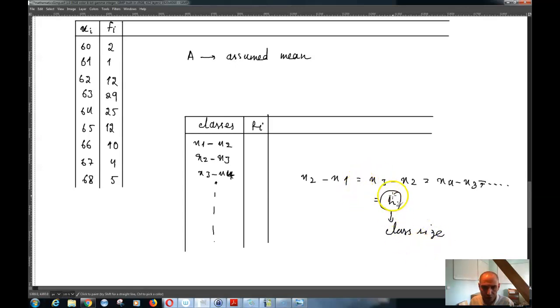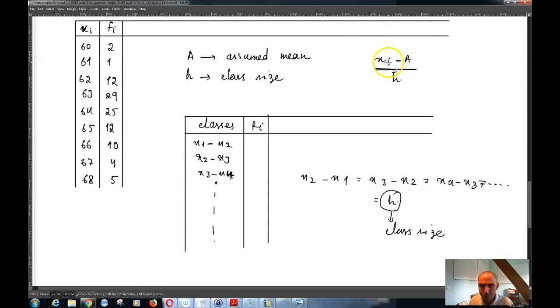So we can take h as the class size, and I can take my x of i, subtract A from it to make it smaller, and then scale it down by dividing it by h, or multiplying it by 1 by h.